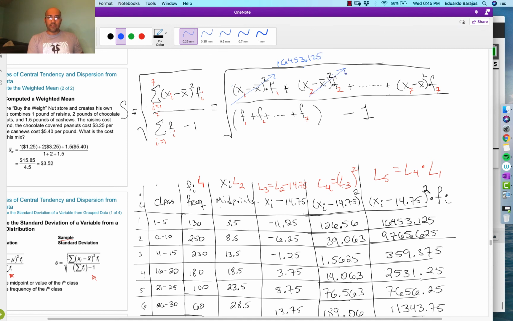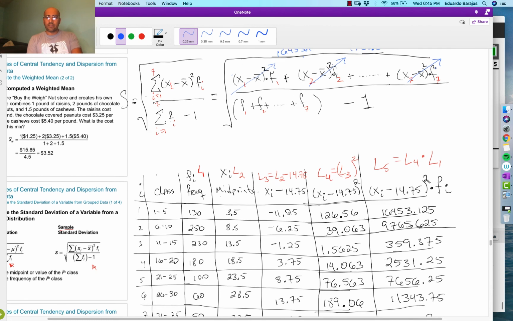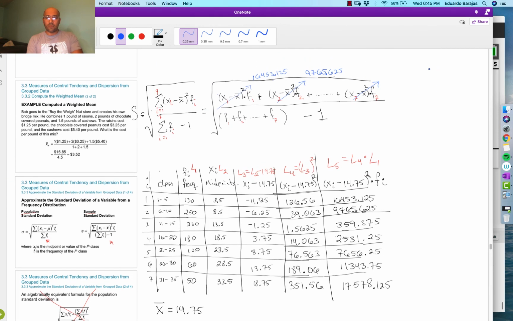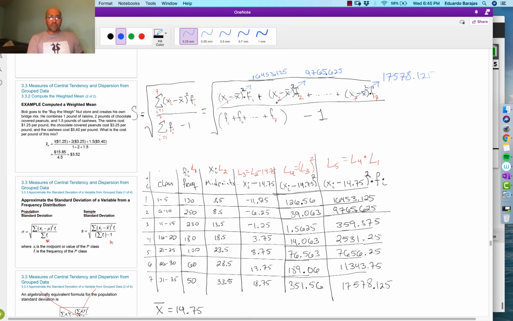And this whole thing in here is the next one, 9765.625, and so on and so forth. So the last one on here is the last one on my column, which is 17578.125.